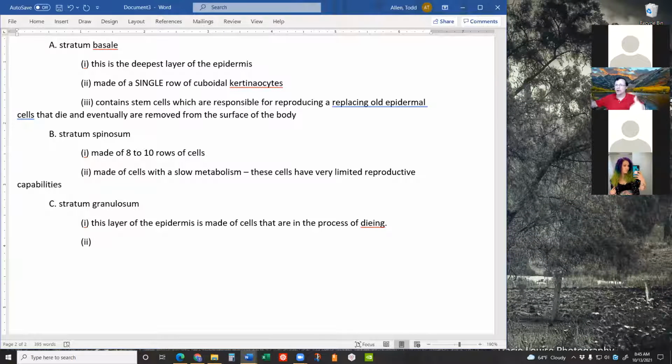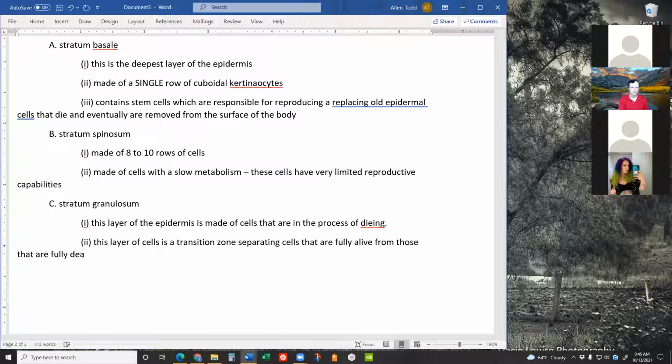Because the cells here are in the process of passing away. This layer of cells is a transition zone separating cells that are fully alive from those that are fully dead. Okay. All right.